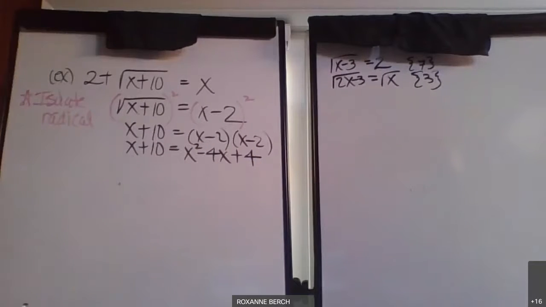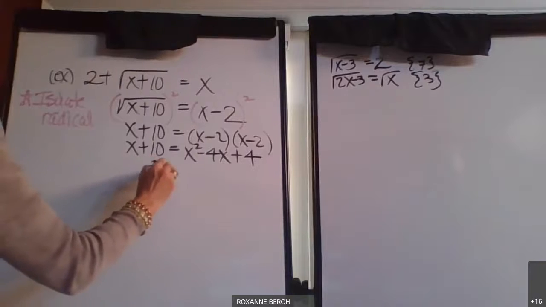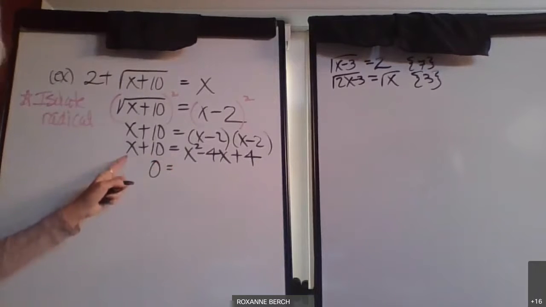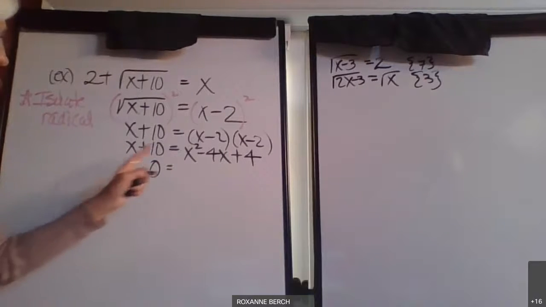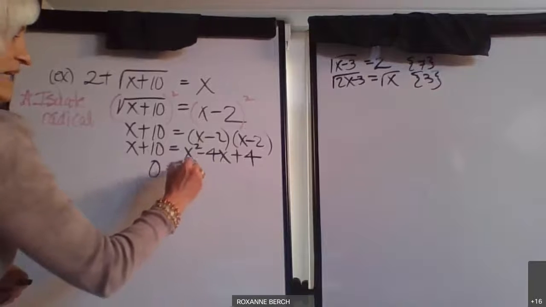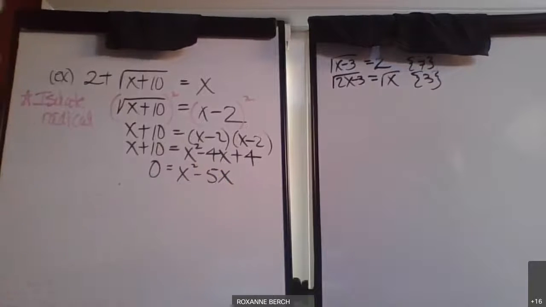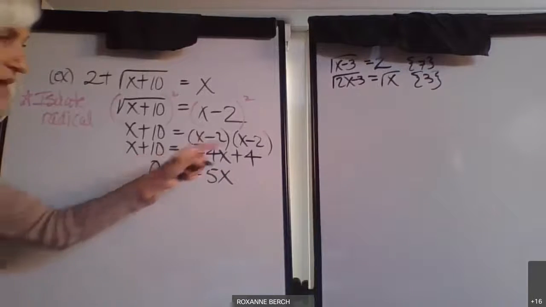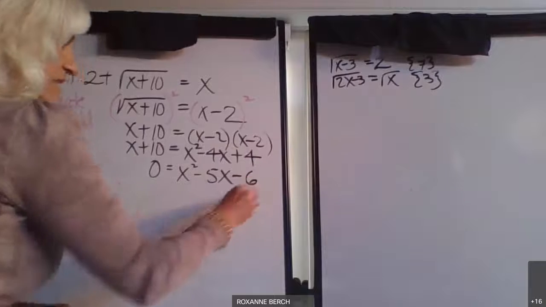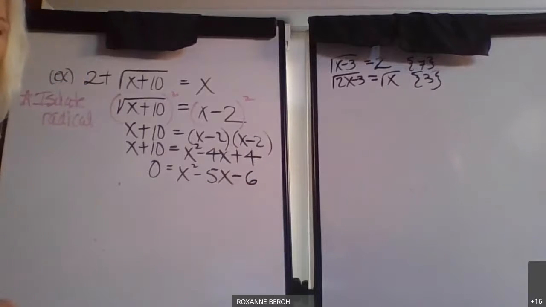And now you have to solve a quadratic using one of the quadratic solving methods. So watch this. Subtract x, it goes away. Subtract x gives negative 5x. Subtract 10 goes away. Subtract 10 is negative 6, right?